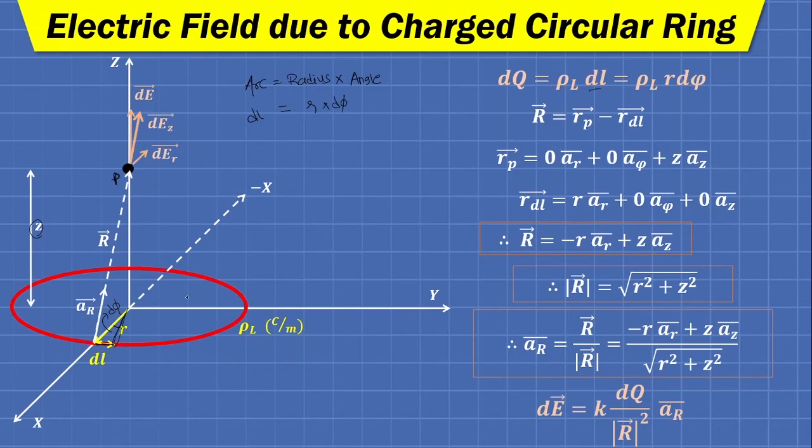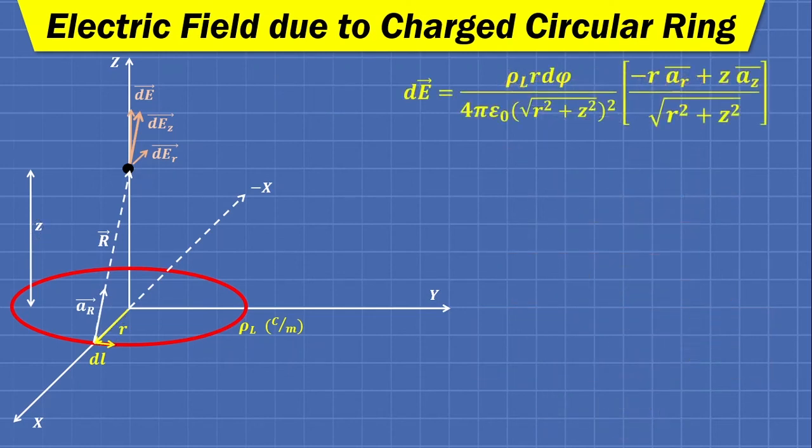So this is the fundamental essence of how to derive the expression. Finally, we have an equation of electric field intensity due to dL at point P, as shown on the screen.